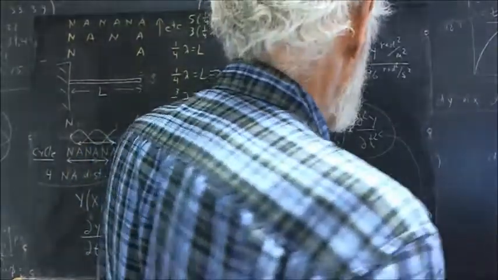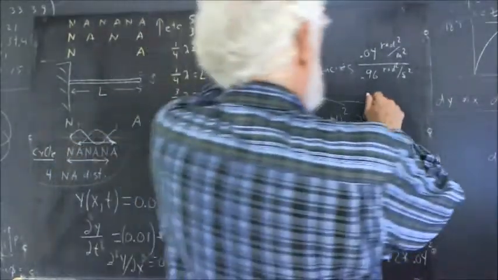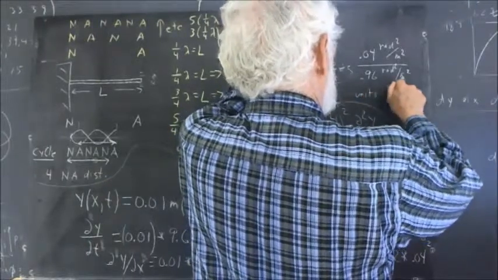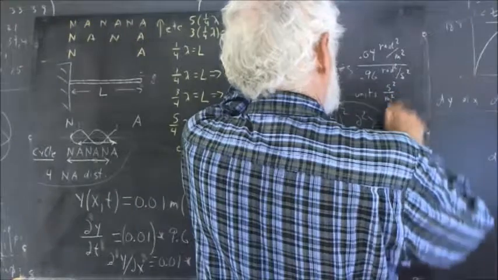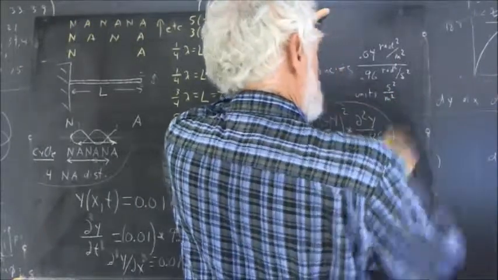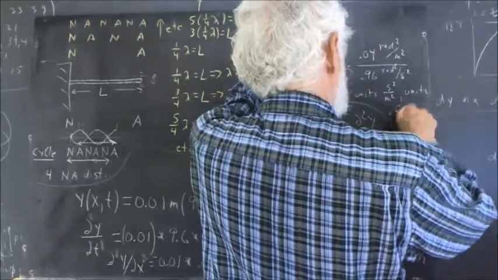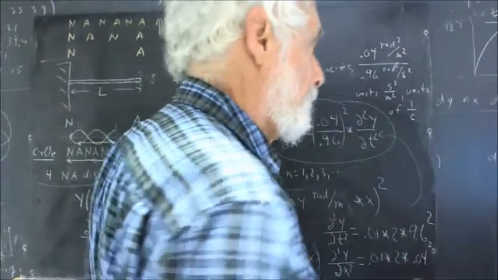And what are the units of that ratio? The units will be seconds squared over meters squared. Okay, and those are units of 1 over c, where I use c for wave propagation velocity.